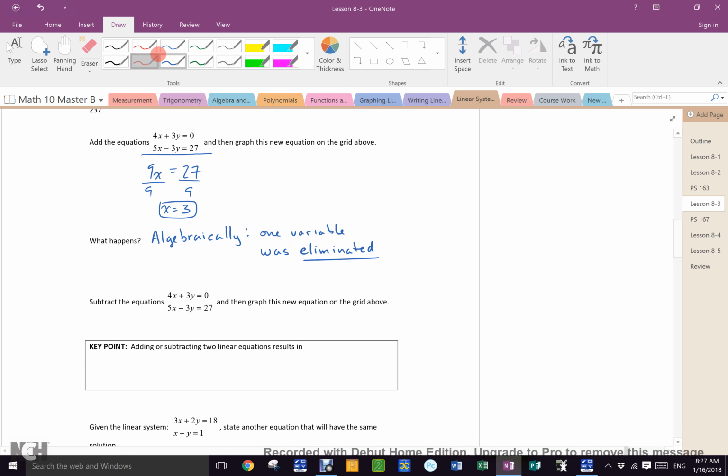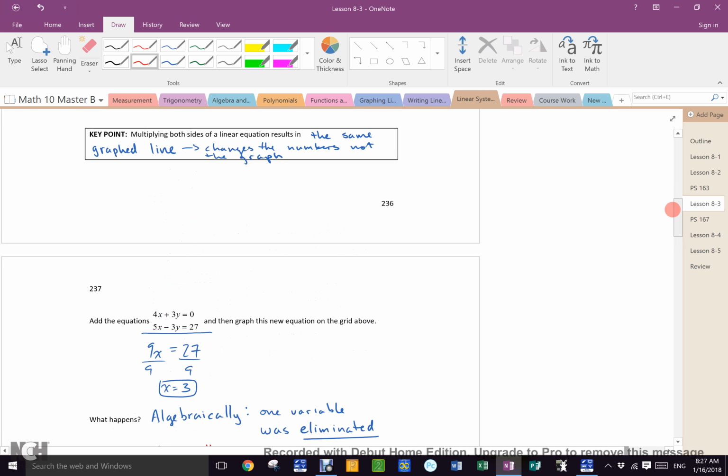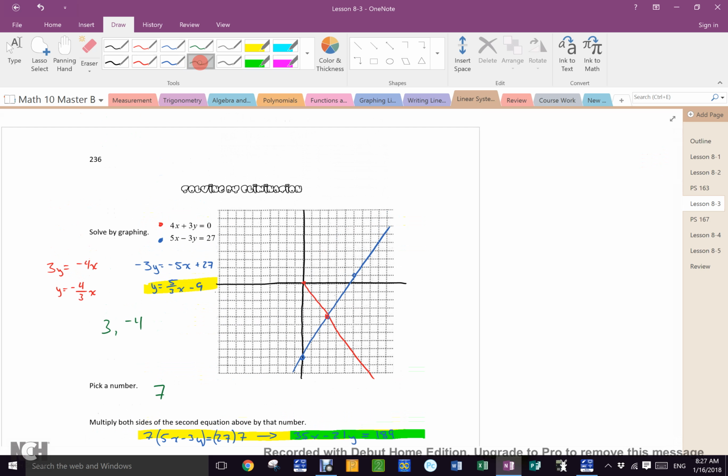So algebraically, we lost a variable. What happened graphically? Well, let's go find out. Where on this graph is x equals 3? How do I find x equals 3? 1, 2, 3. And if x is always 3, it's a straight line, isn't it? And please notice, when I eliminated that y value, the line gave me the x value.